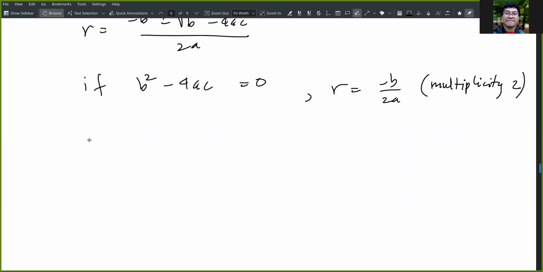Or our characteristic equation can be written as (r plus b over 2a) times (r plus b over 2a).